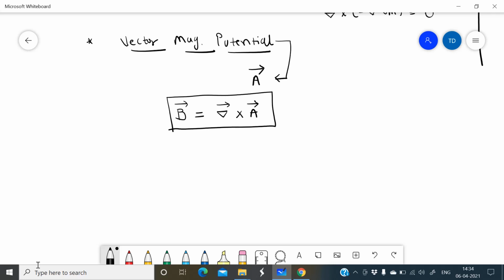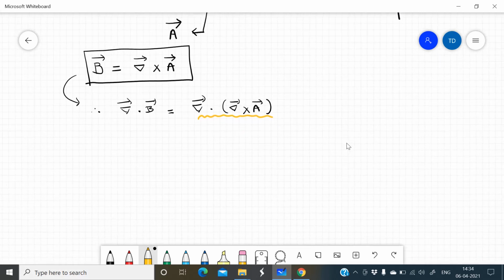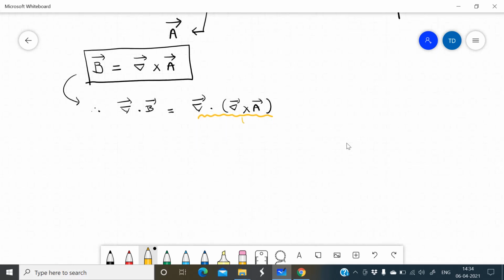Now I will take the divergence on both sides. So del dot B is equal to del dot del cross A. This quantity is the divergence of a curl, and as we know, the divergence of the curl of any vector quantity is equal to 0.